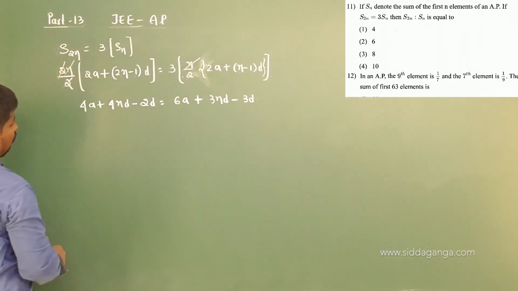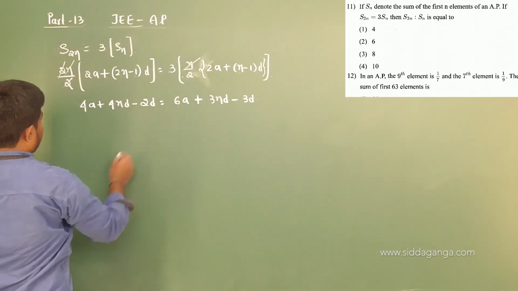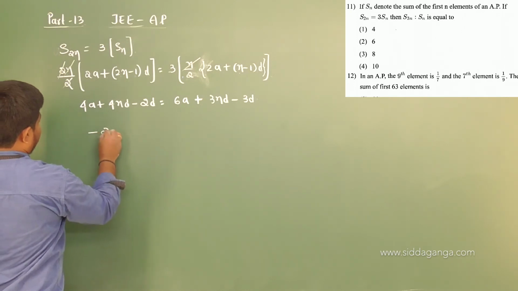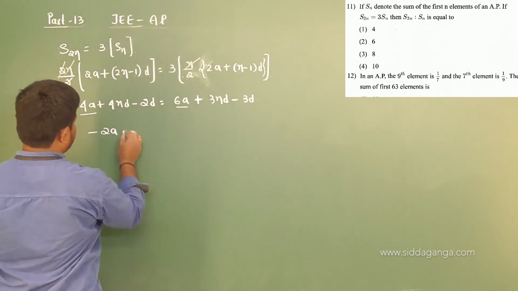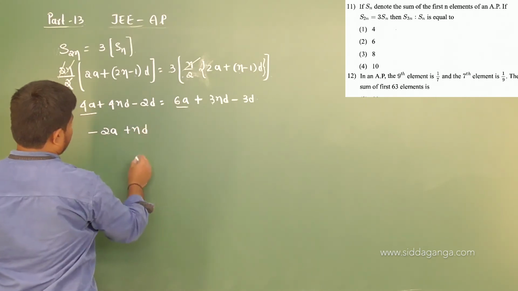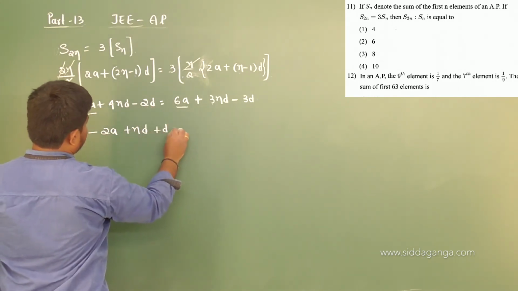So 4a minus 6a is minus 2a, and 4nd minus 3nd, so plus nd, and minus 2d plus 3d, so plus d, is equal to 0.